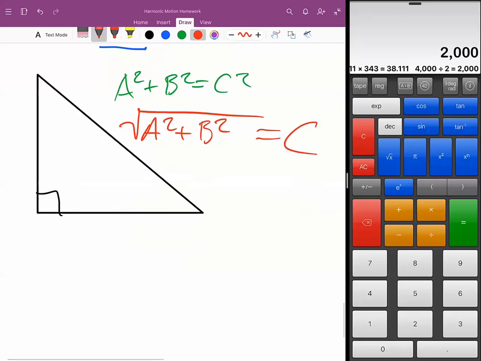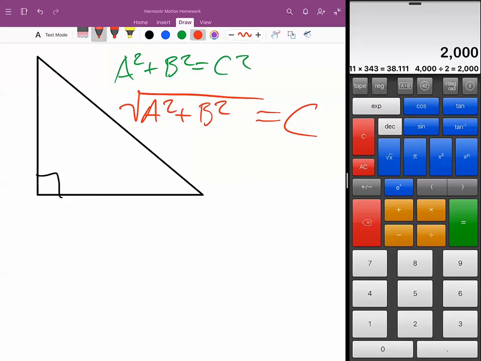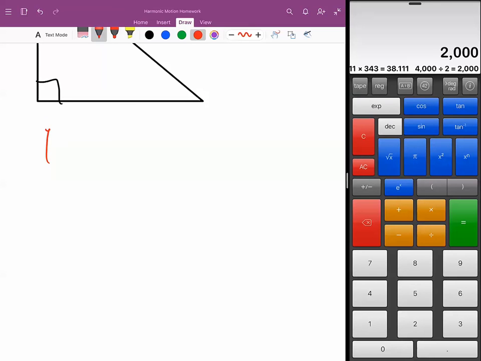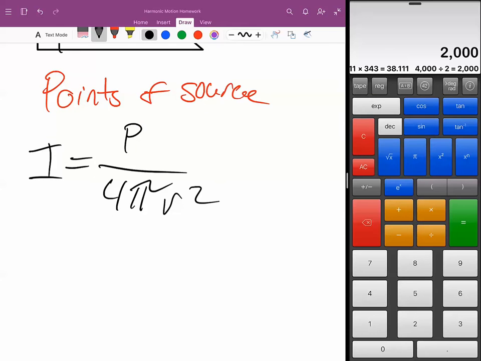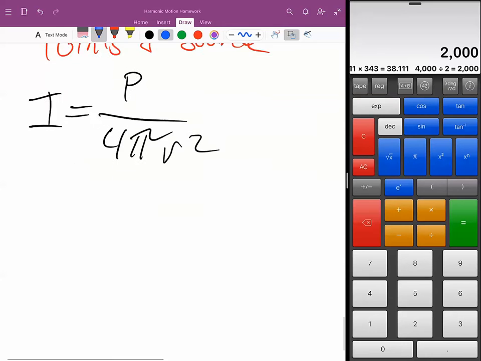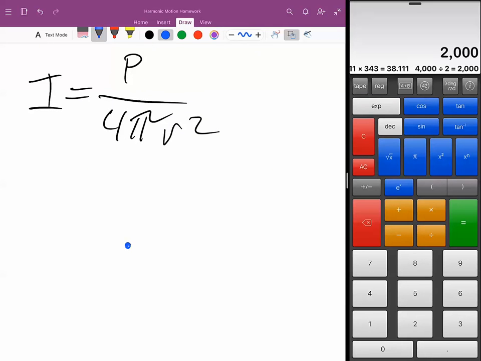Keep in mind that your sound intensity will most likely be from a point source. This is where I equals power over 4 pi r squared. Now I want to stress this point. Depending on your source, keep in mind sound waves propagate radially.